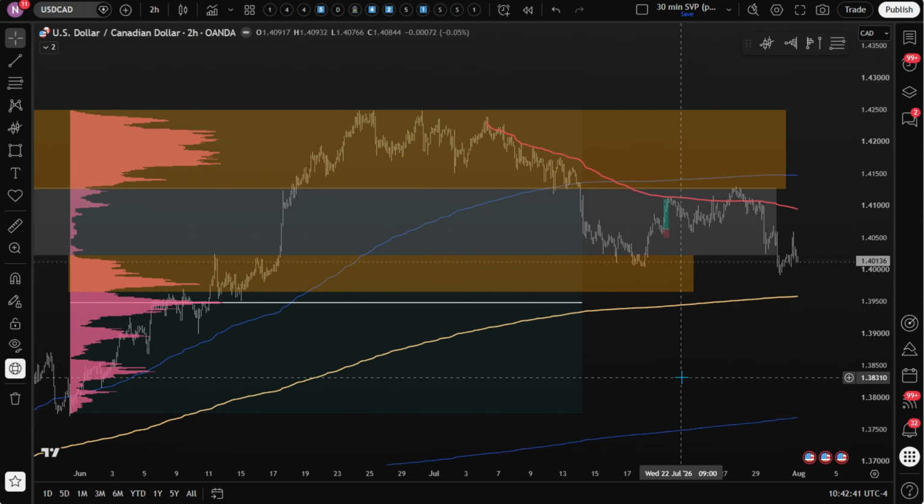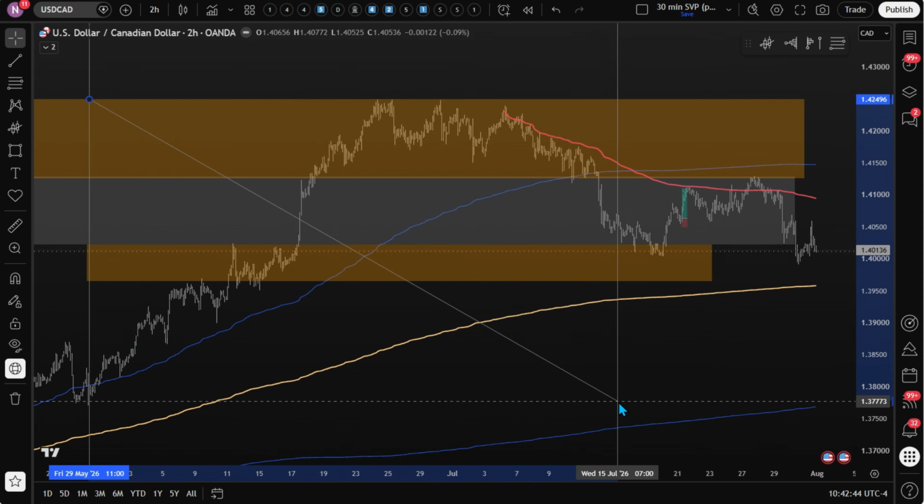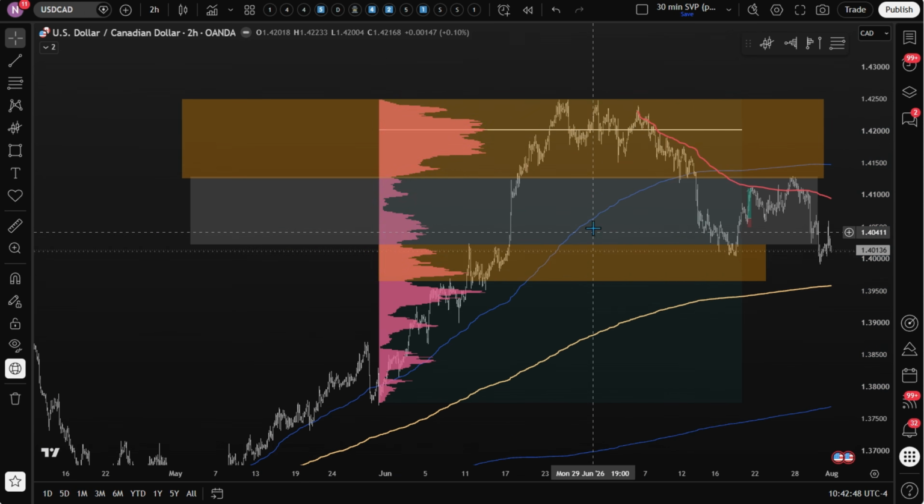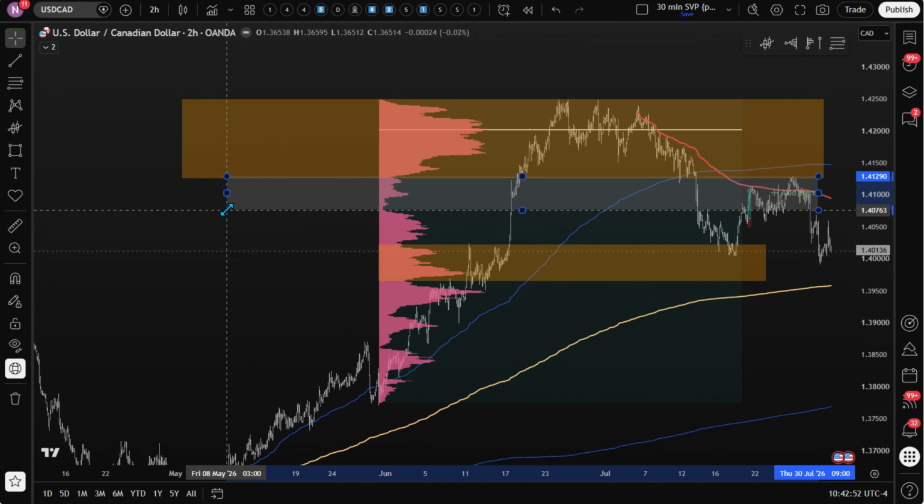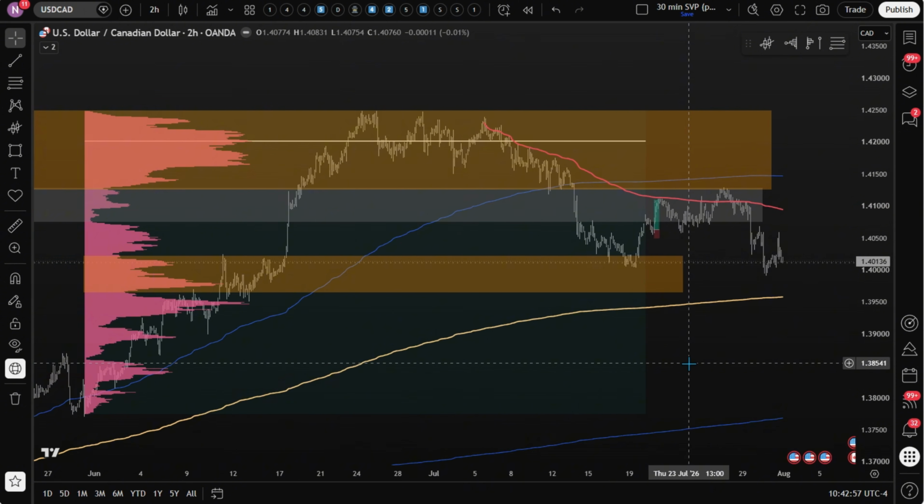Now, let's go ahead and pull our volume profile forward to see what it would look like a little bit later. Because of this volume that was right here, we have to tighten up our low volume nodes to roughly about right there.